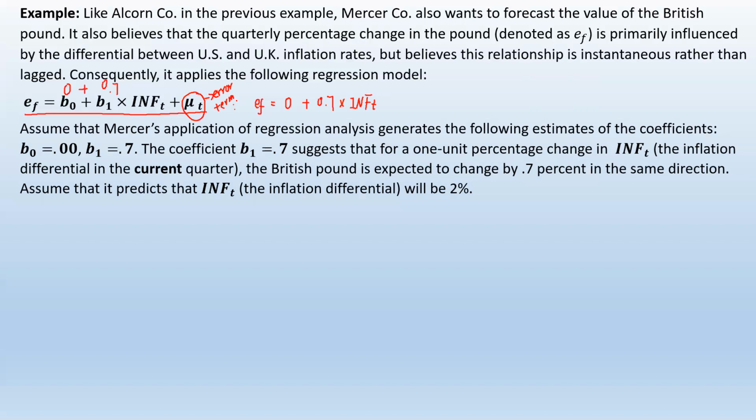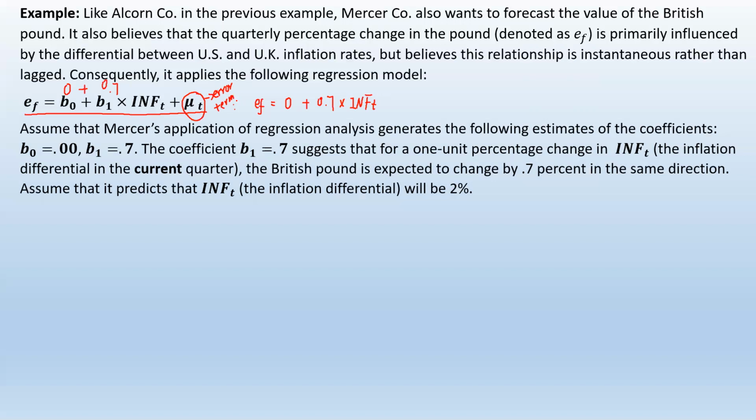And this 0.7 of B1 suggests that for 1 unit percentage change in inflation differential in the current quarter, the British pound is expected to increase by 0.7%.